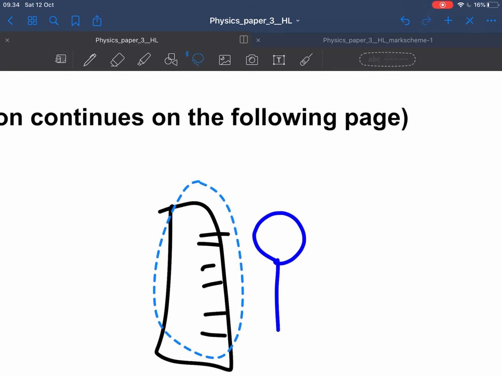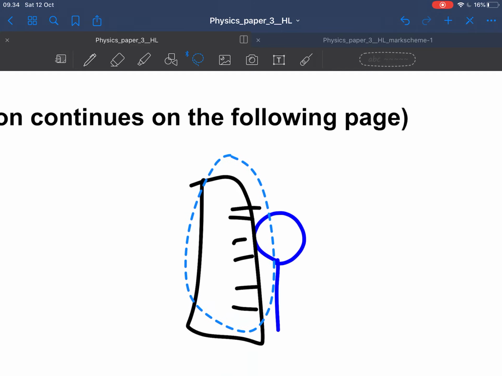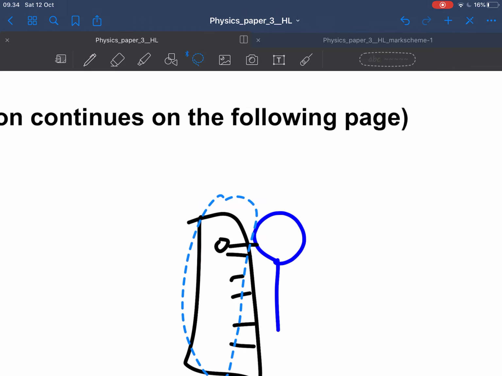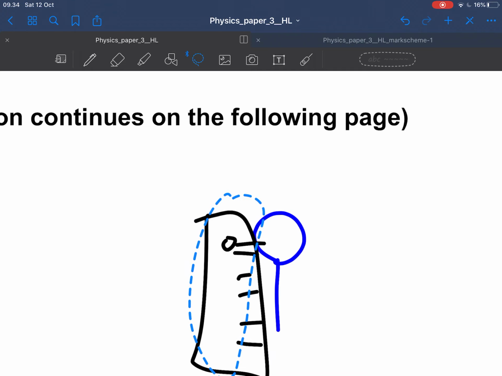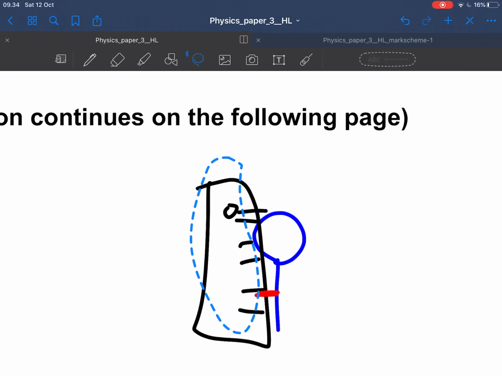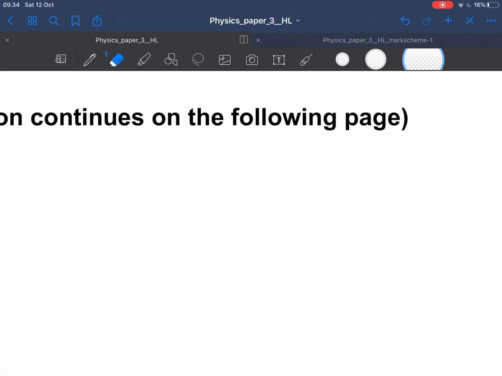Instead of measuring from here, which is the 0 point, you measure from the top. So that means your value for the lollipop is there, but in reality it's not there. You actually have to measure at the 0 point.